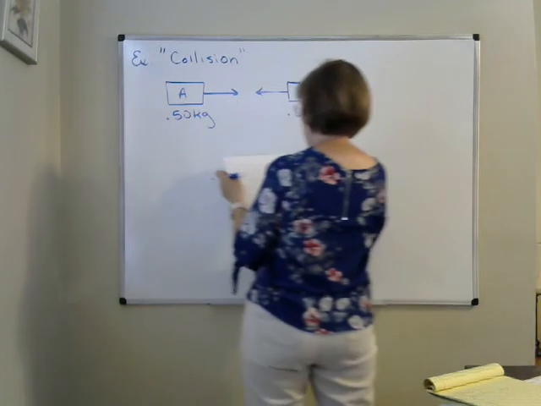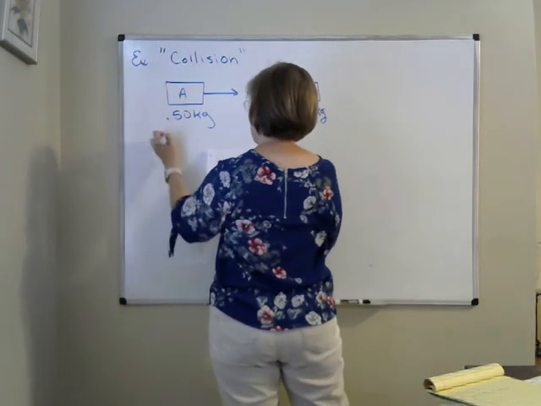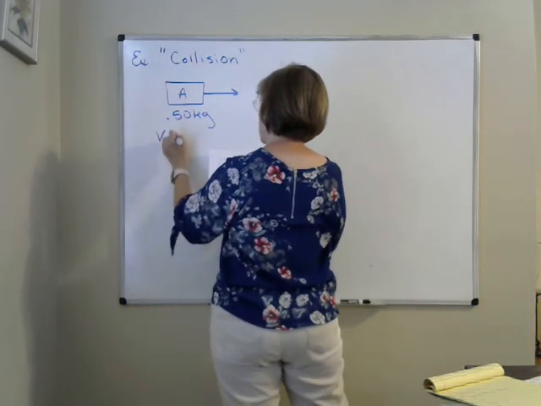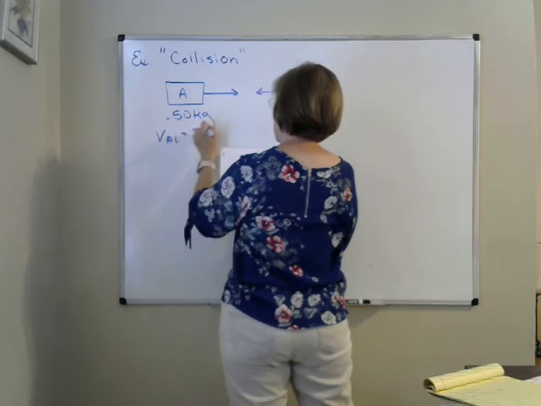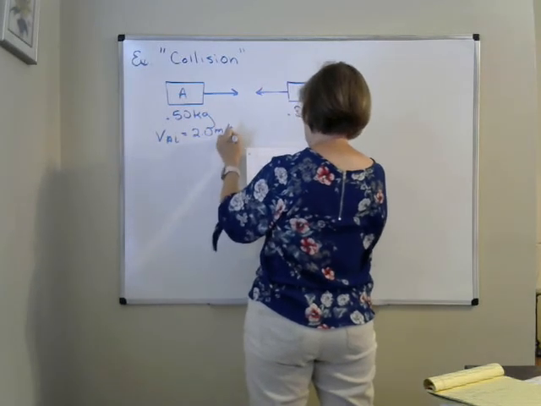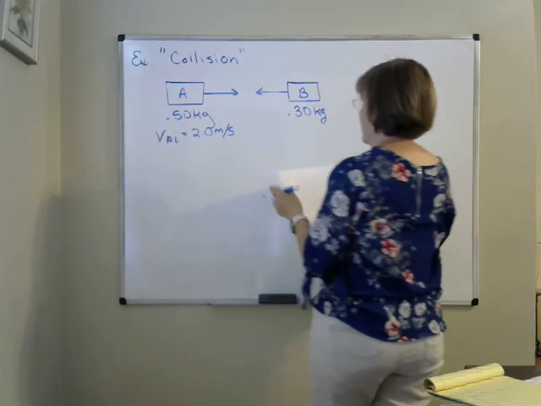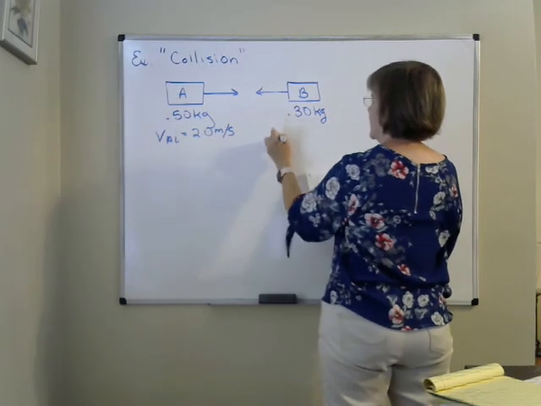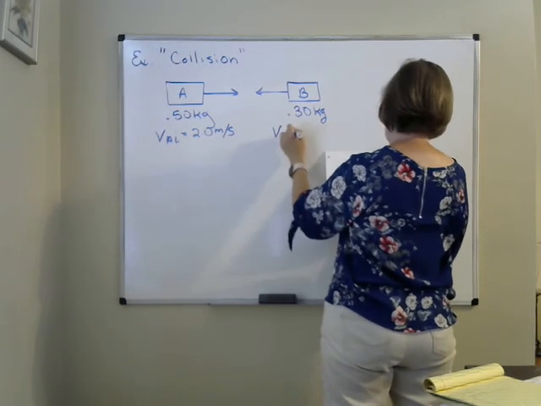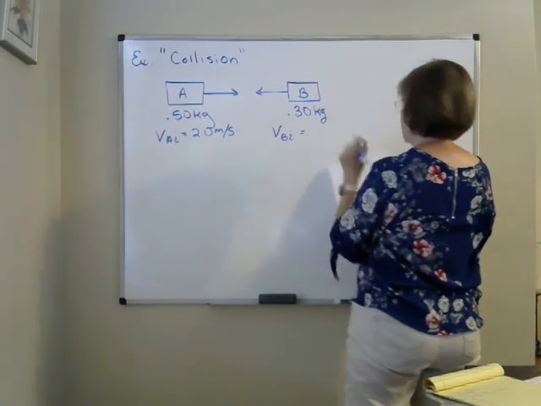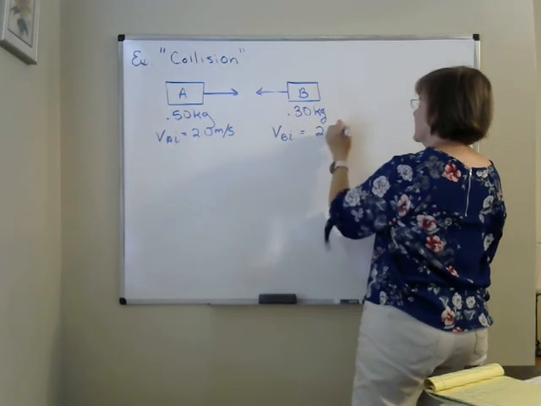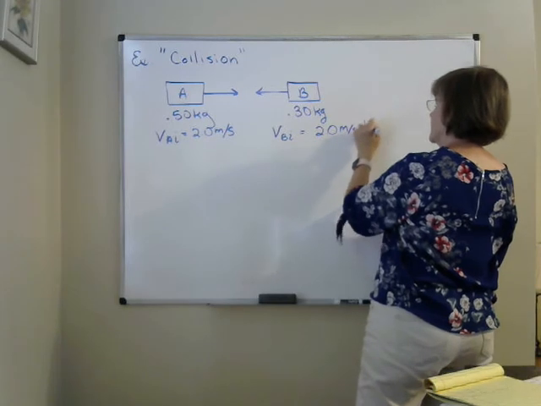They tell us that glider A starts off with an initial velocity of 2.0 meters per second. Glider B has an initial velocity of 2.0 meters per second to the left.